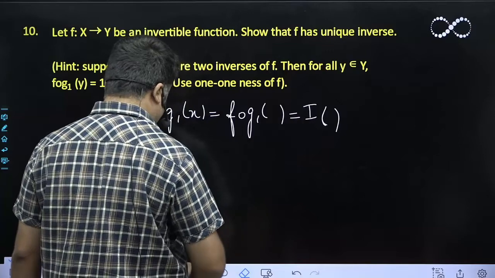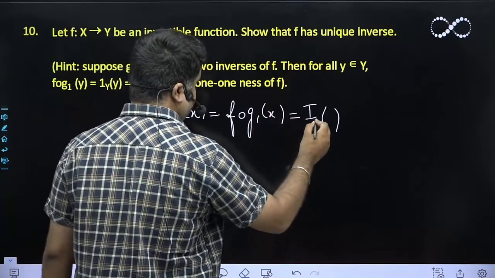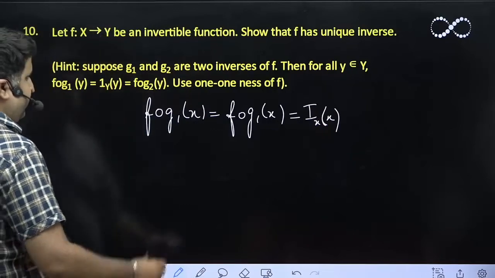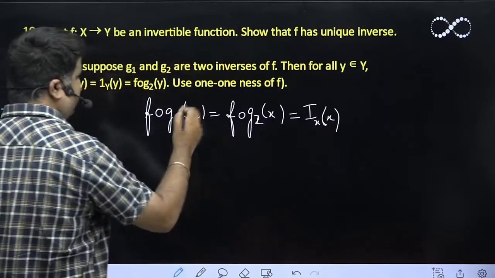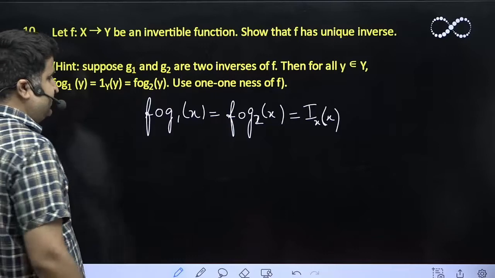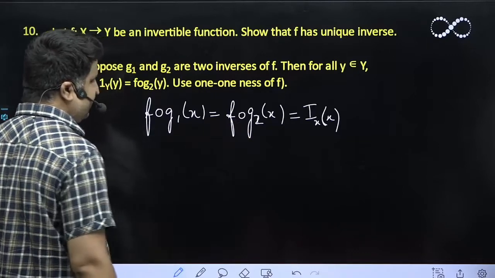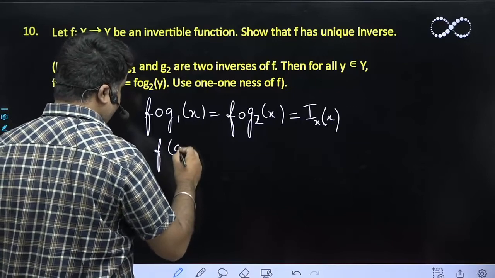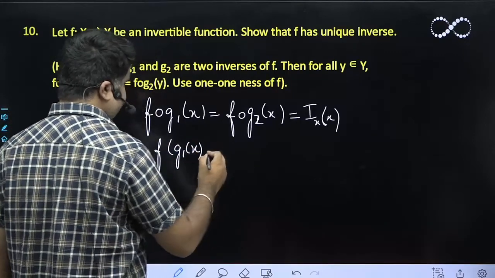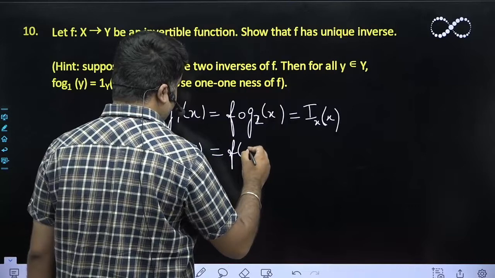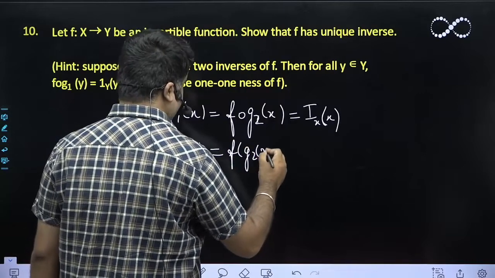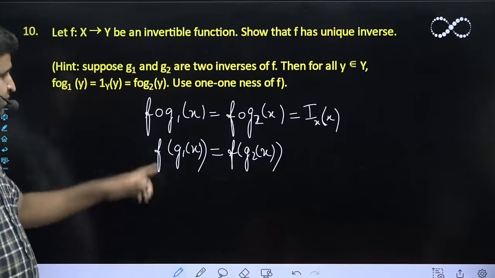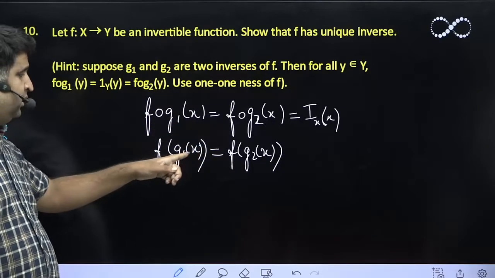We're writing in terms of x, so let's write this as x. So now what we get from here is, if we have two functions g1 and g2 for f such that this condition is getting satisfied, we know that f of g1(x) is equal to f of g2(x). So this condition will be satisfied. This is what we mean by this, right?